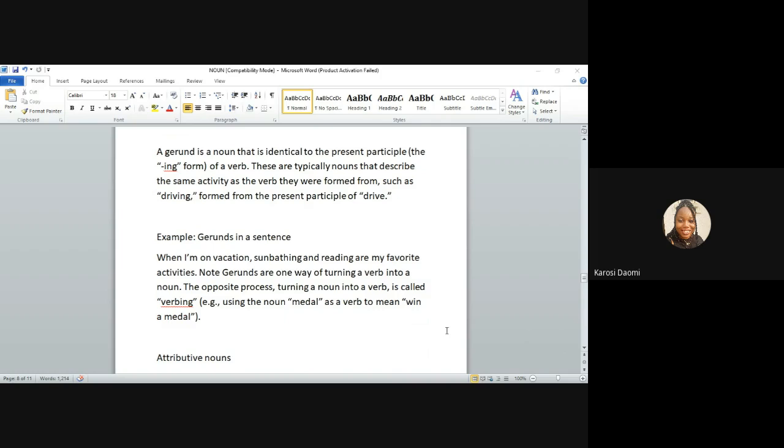For example, let's use it as a noun. So just type a sentence where you use the word man as a noun.